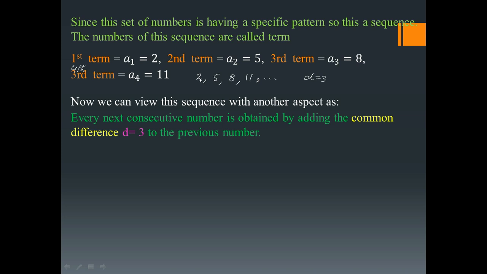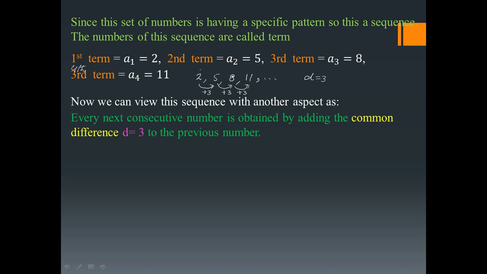So we can add 3 to the first term to get the second term. 2 plus 3 is 5, and then 3 is again added to this 5 and we get 8, and so on.